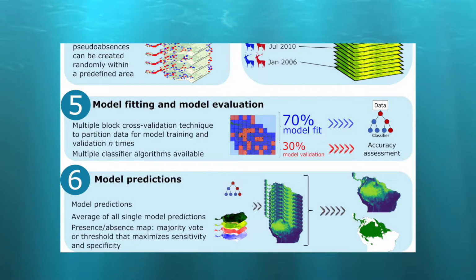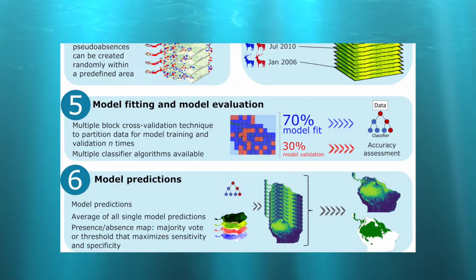Then we will feed the models. There are different classifiers, and what we're going to do here is not just feed one random forest like we did last time, but do multiple iterations. We are also going to split the data for model fit and for model validation. So we have to validate that model, see how good they are at predicting independent data sets.